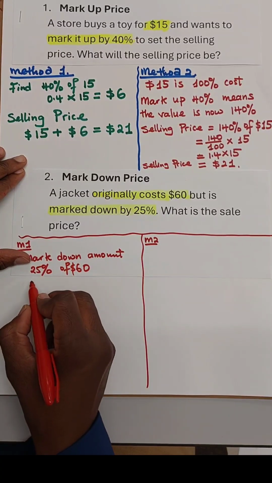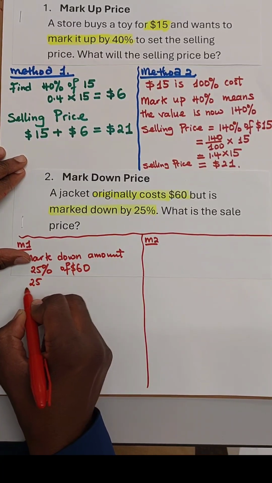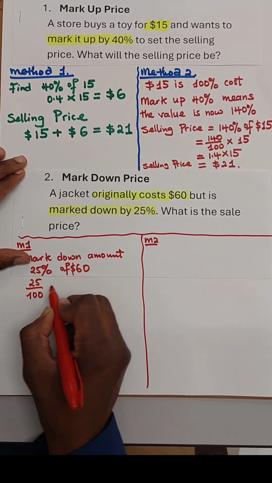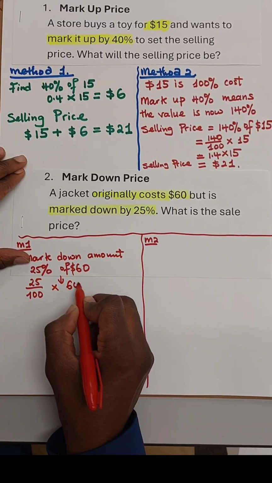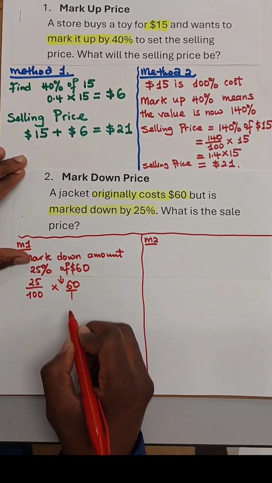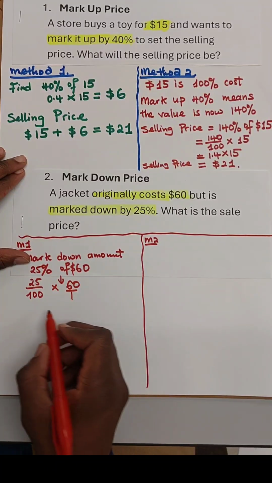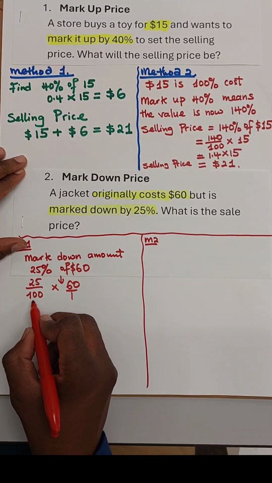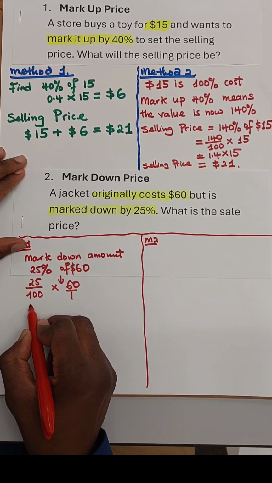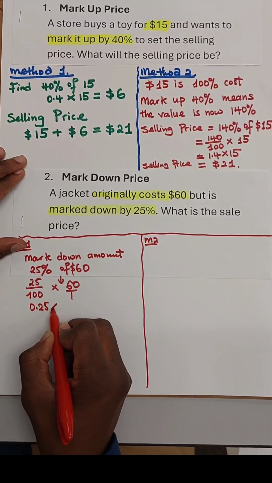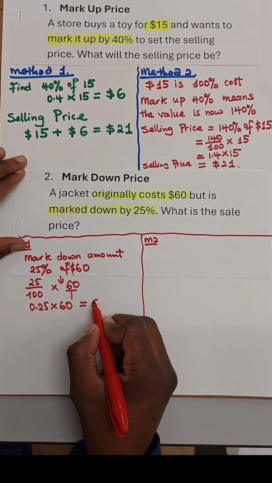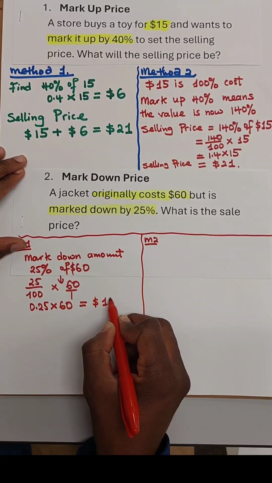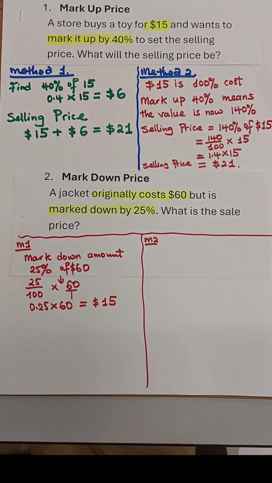Remember 25% means 25 over 100, and the word of means multiply by 60 over 1. So use a calculator. 25% is 0.25, and then multiply that by 60, and that gives you $15.